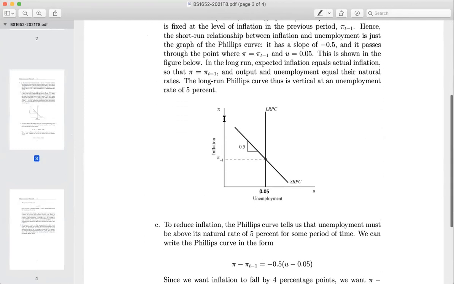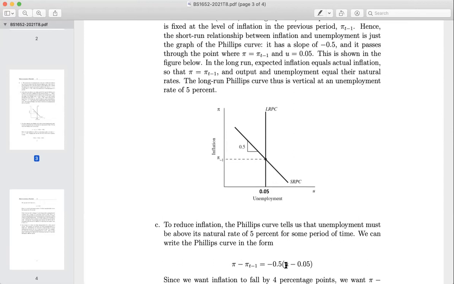Yeah, that's the equation. All I did was rearrange the Phillips curve equation and solve it for the unemployment rate, and the unemployment rate that achieves this reduction in inflation is 13%. I know from point A that the natural rate is 5%.